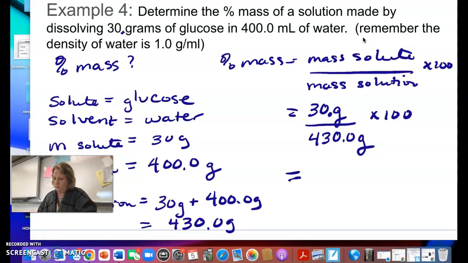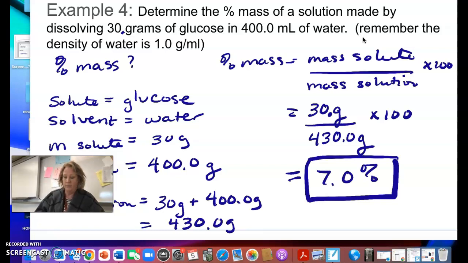When I do that, I get 6.9767, but with 2 sig figs I would get 7%. So this solution is 7% mass of glucose in the solution.